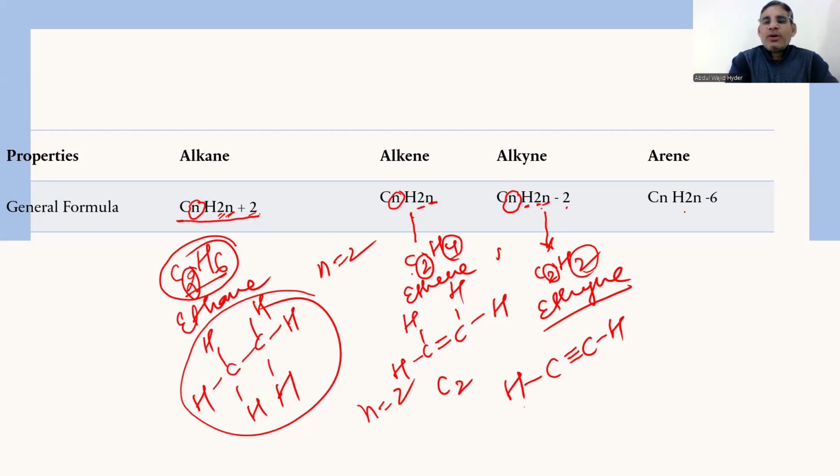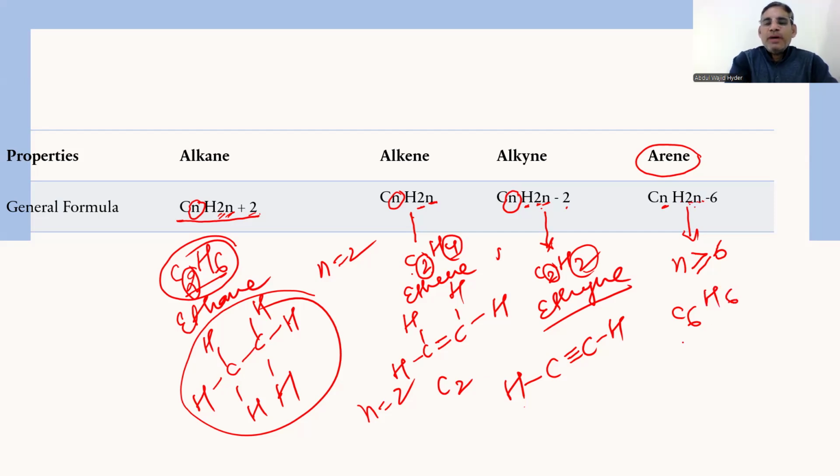Now see, what about arene? In case of arene, the minimum number of carbon atoms will always be greater than or equal to 6. Fewer than 6 carbon atoms in an aromatic hydrocarbon is not possible. Now see, if we take n as 6, so C6, H is 2 into 6, that is 12, 12 minus 6 will be 6.